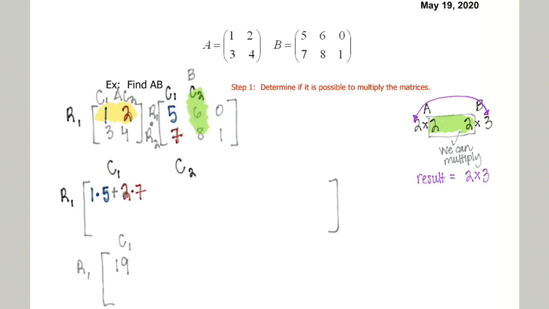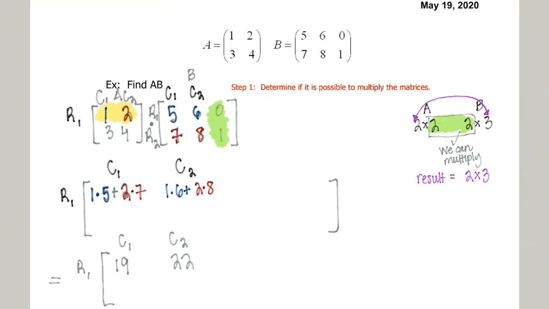This time column 2 is highlighted, that means we're going to be in column 2. We're going to take 1 times 6, plus 2 times 8. And 6 plus 16 is 22. So this is going to be our answer right here. 19, 22.